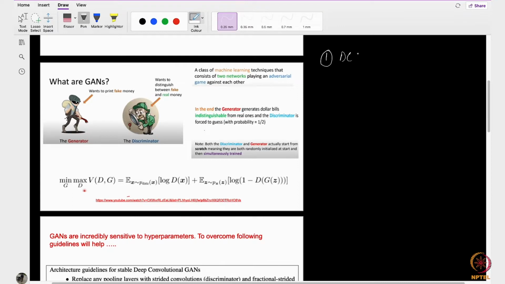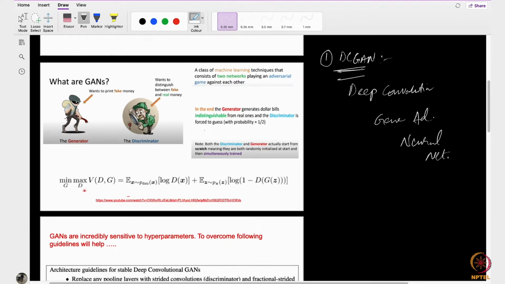Let us take the first part, that is DCGAN introduction. DCGAN can be called deep convolutional generative adversarial neural networks. GANs mainly consist of two networks.